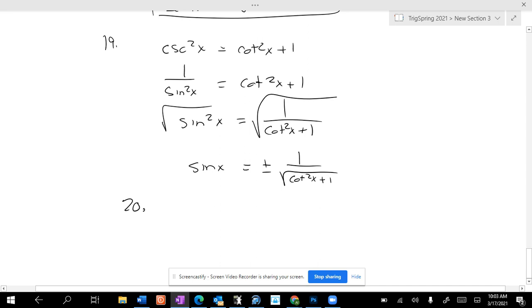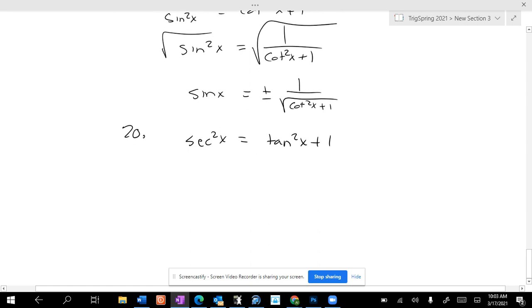Cosine in terms of tangent. We know that cosine and tangent are in the same Pythagorean identity: secant squared of x equals tangent squared of x plus 1. What is secant squared the same as? 1 over cosine squared of x.